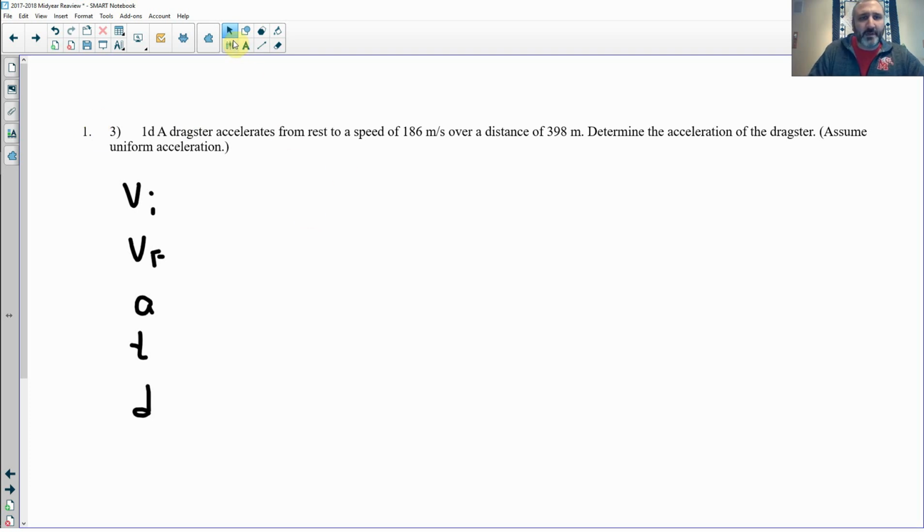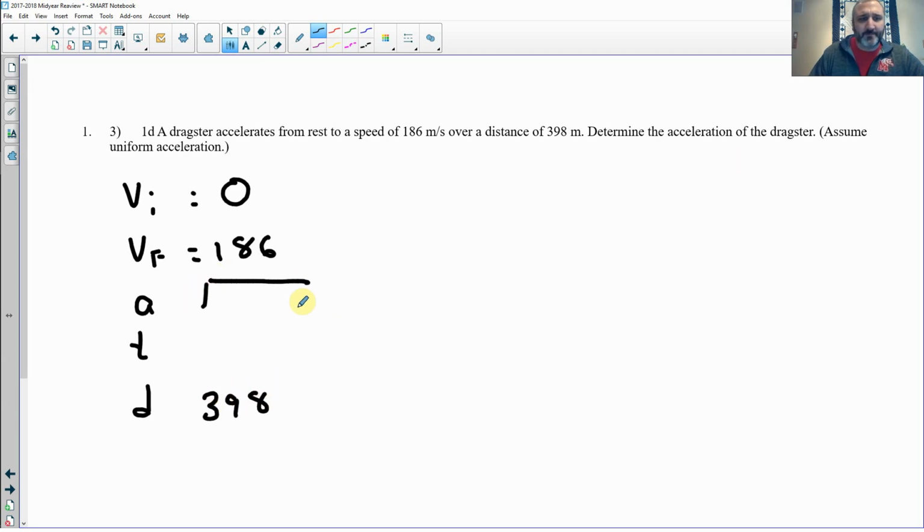So the VI here was rest, so the initial velocity is 0. The final velocity is 186 meters per second over a displacement of 398. We want the acceleration, and we don't care about the time. This is not a projectile, so we can't just plug in 9.8 there. VI, VF, A, and D.